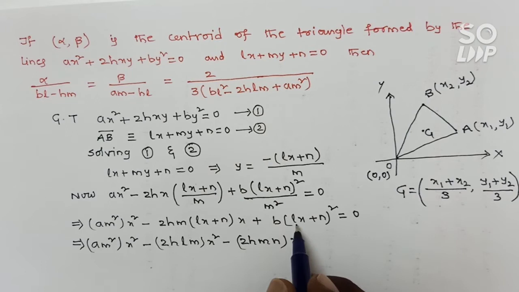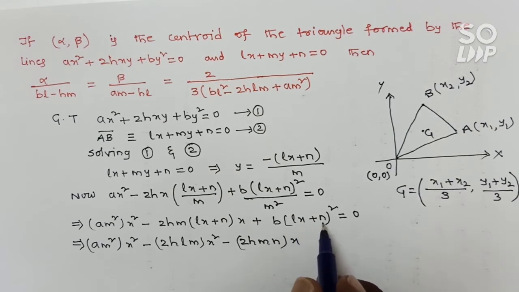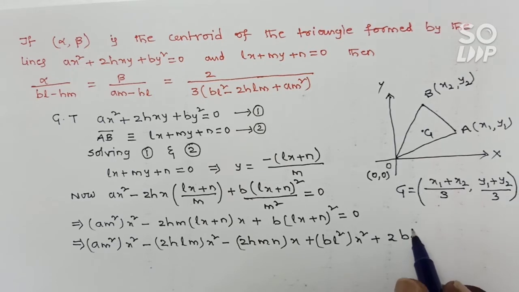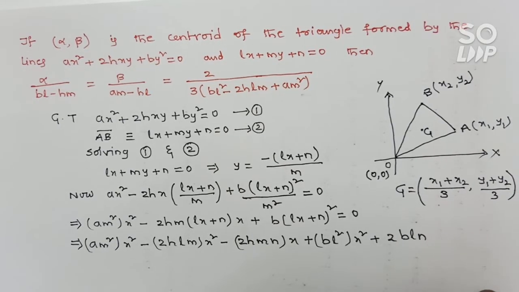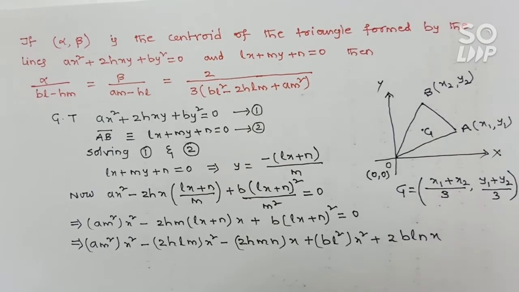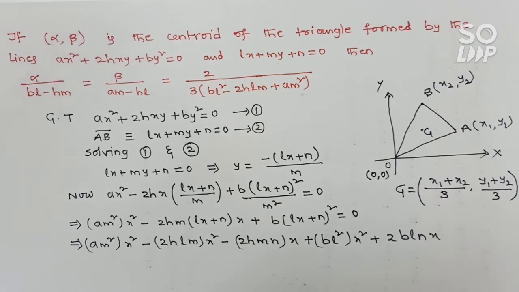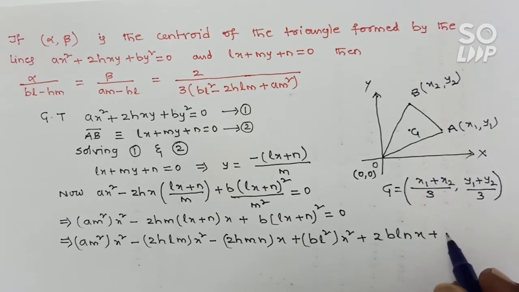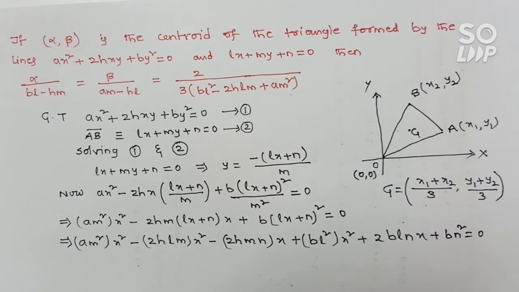Now the next one, you expand (Lx plus n) whole square, that is b L square x square plus 2 b L n x plus b n square equals 0.